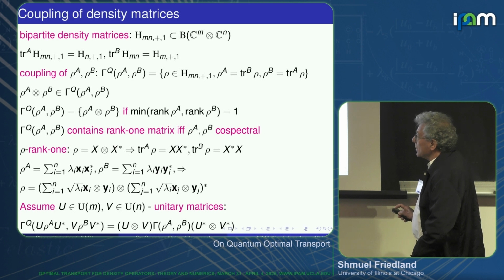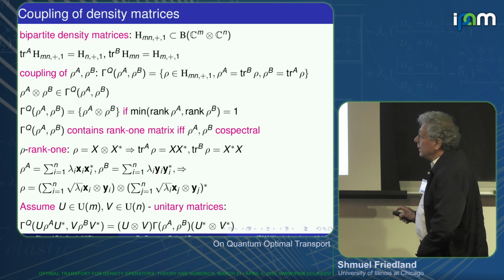Again, this is non-empty because rho_A tensor rho_B is going to be in this set. Now, the coupling is exactly this only one if the minimum of rank rho_A and rank rho_B is 1.